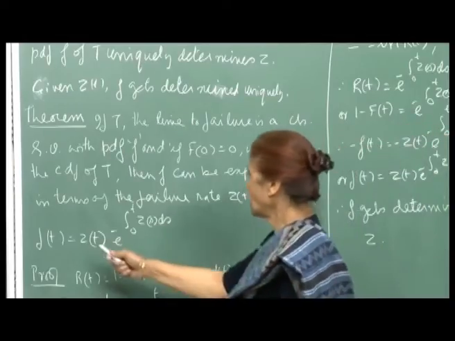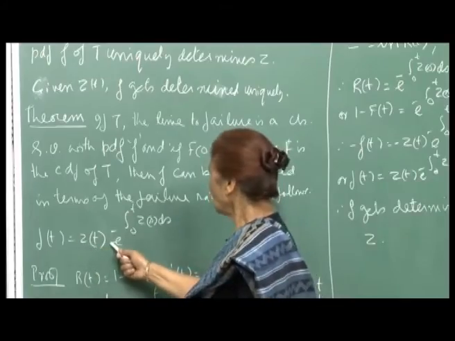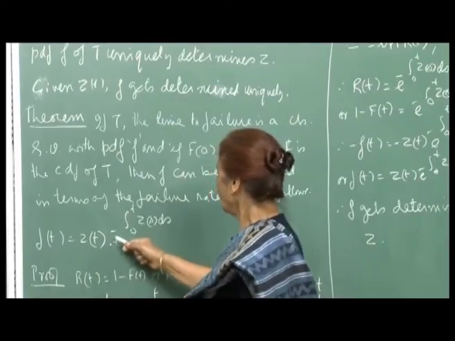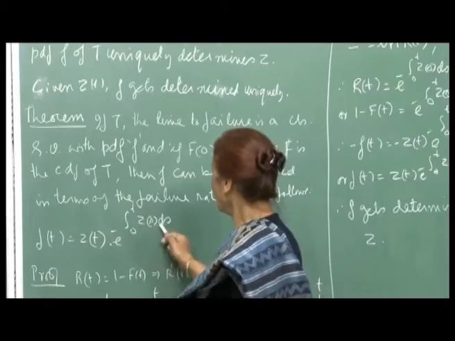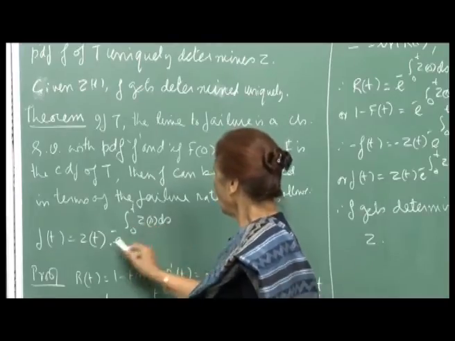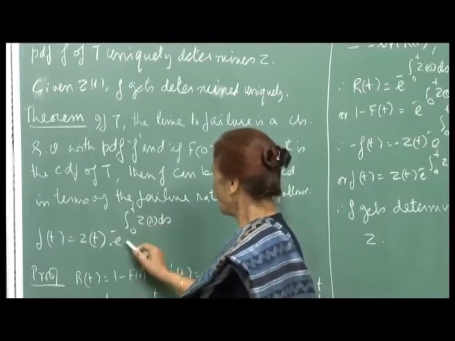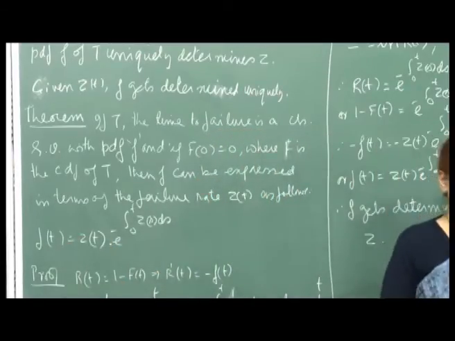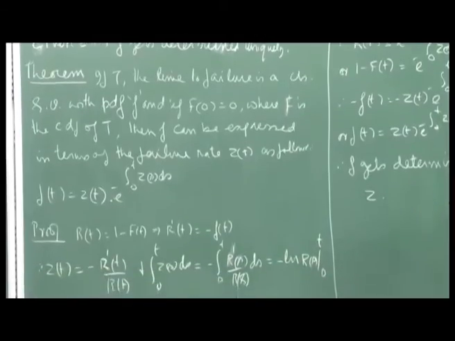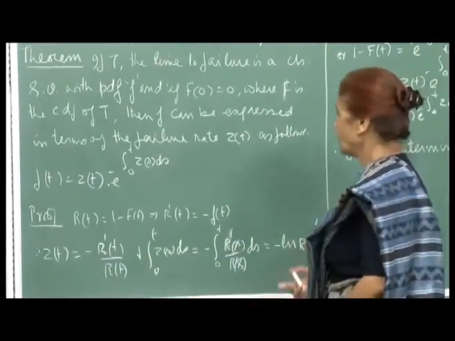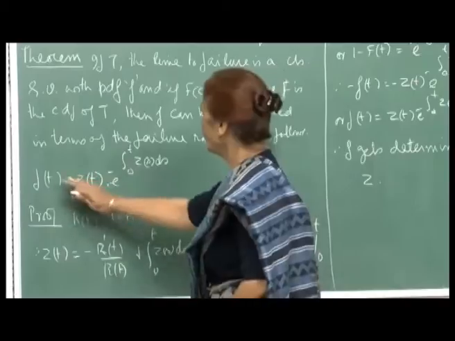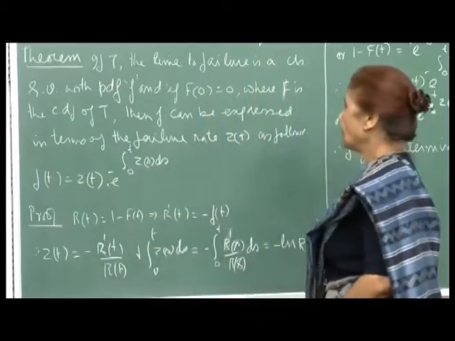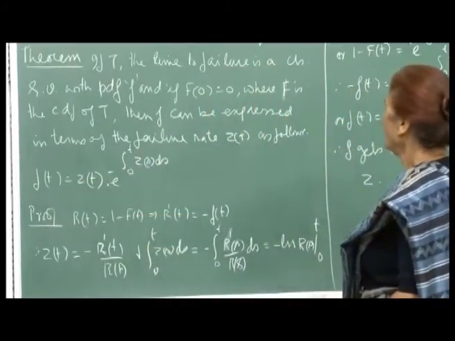Then f(t) can be written as z(t) times e raised to minus integral 0 to t of z(s) ds. So, once I know z, then through this function I can compute my PDF. So, if you somehow know the failure rate empirically, then you can compute the PDF of t also, right.